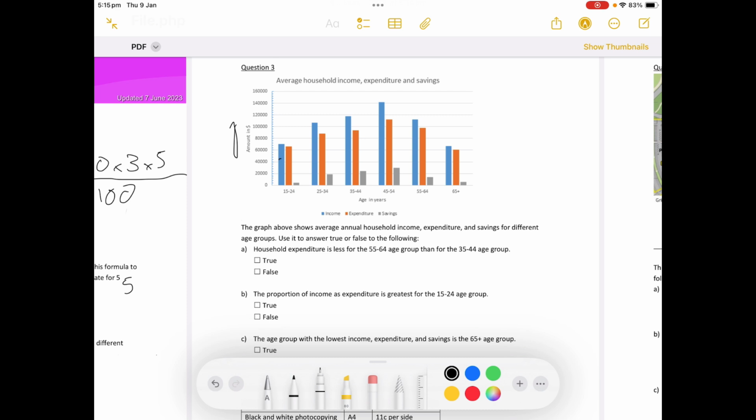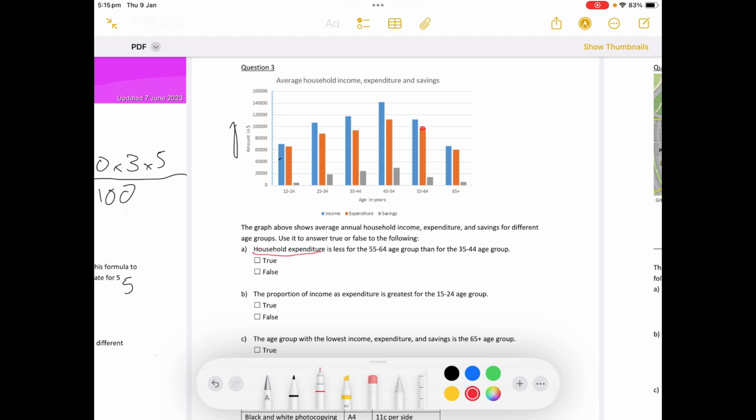We're answering true or false to the statements. So let's have a look. Household expenditure is less for the 55 to 64 age group than the 35 to 44 age group. Right. Household expenditure means that I'm going to be looking at the orange color for these two groups. Okay, so I'm going to look at the 55 to 64 group. Right, I can see household expenditure, it's over here.